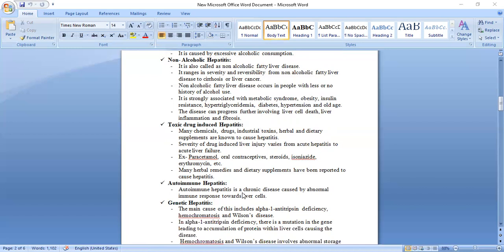Our immune system will abnormally produce, and due to that our own immunity causes the death of the liver cell or damage to the liver cell. This is called autoimmune hepatitis.